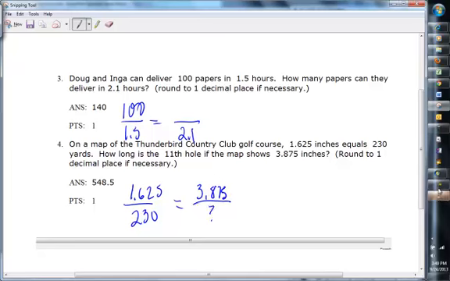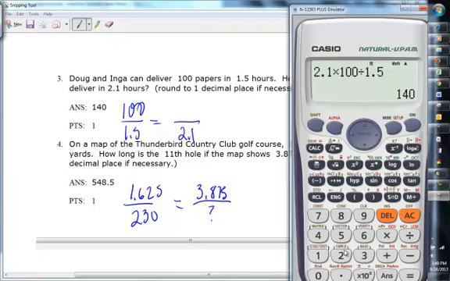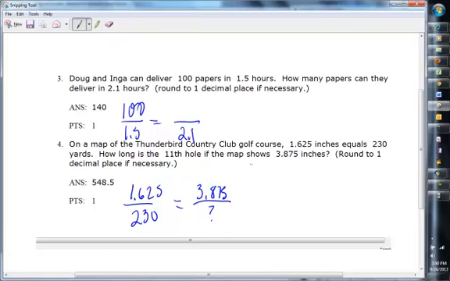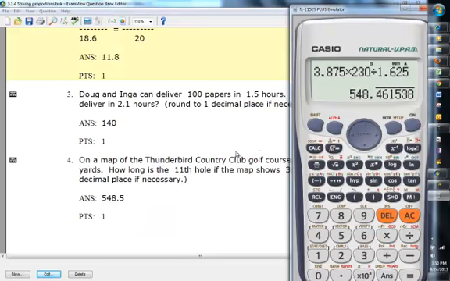So cross multiply and divide here. 3.875 times 230 divided by 1.625 gives us 548, and then it says round to one decimal place, so 548.5.